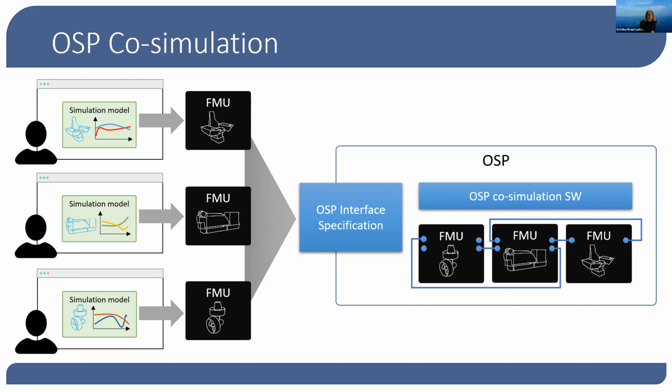They have their own solvers, but the co-simulation software orchestrates the communication between the models. In addition to driving the simulation, the OSP software includes several important features and a set of applications that Levi will demonstrate later today, which makes it possible for you to build on top of these basic building blocks and make useful tools for your design and operations.